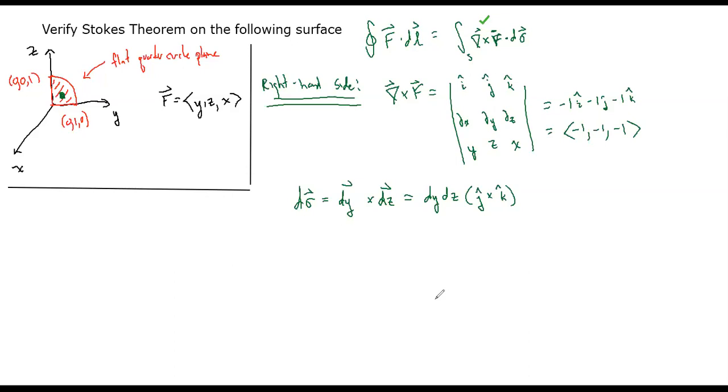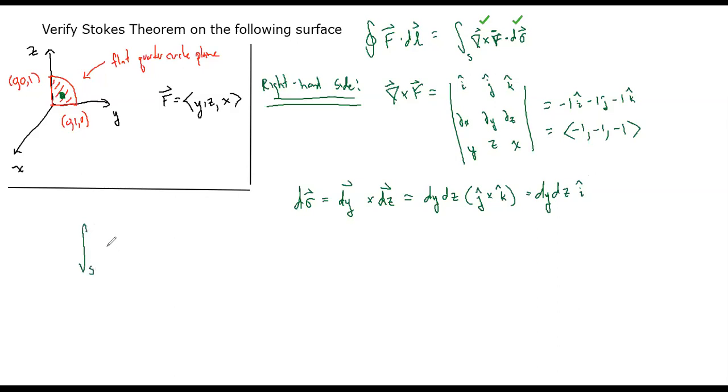I end up pointing in the x direction. So this is dy dz i hat. So that's good progress. We got that. And then it's just integrating this up over the quarter circle, and that's going to be actually really nice too.